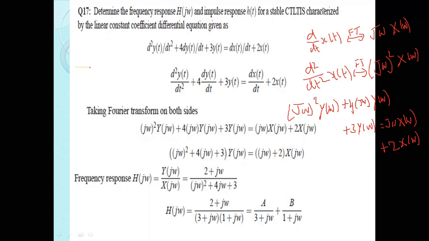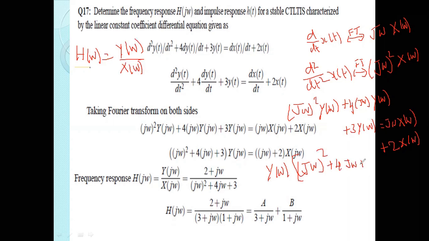They are asking to determine the frequency response H of omega. Frequency response H of omega is equal to the ratio of Y of omega by X of omega. It's a transfer function, simply saying output by input. So on the left hand side, you can take Y of omega as common: j omega whole square plus 4 j omega plus 3 is equal to, on the right hand side, X of omega common: 2 plus j omega.